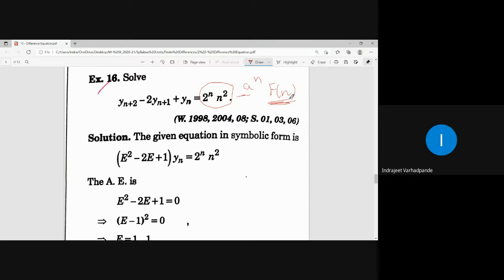And in the previous problems we have discussed how to simplify questions related to case number 3. Initially we find the complementary function. For the particular integral we have 1 upon phi of E to be operated on the polynomial. The polynomial has to be converted to a factorial polynomial. E is to be substituted as 1 plus delta.